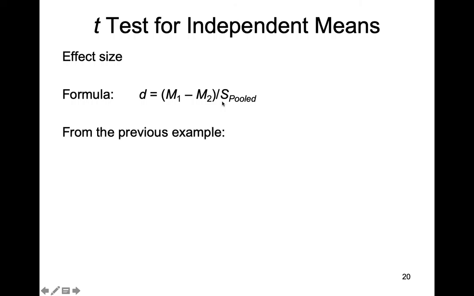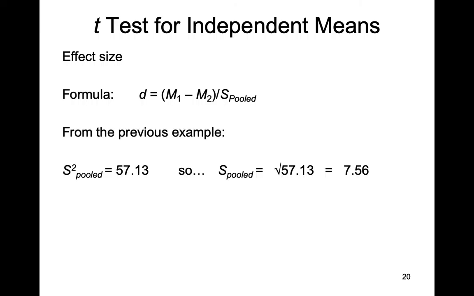From the previous example, looking at boys and girls who have sex and their popularity, we had calculated that the pooled estimate of variance was 57.13. If we take the square root of that, we get 7.56. This becomes our estimate of the standard deviation in the population, and we use that as the denominator of our effect size formula.